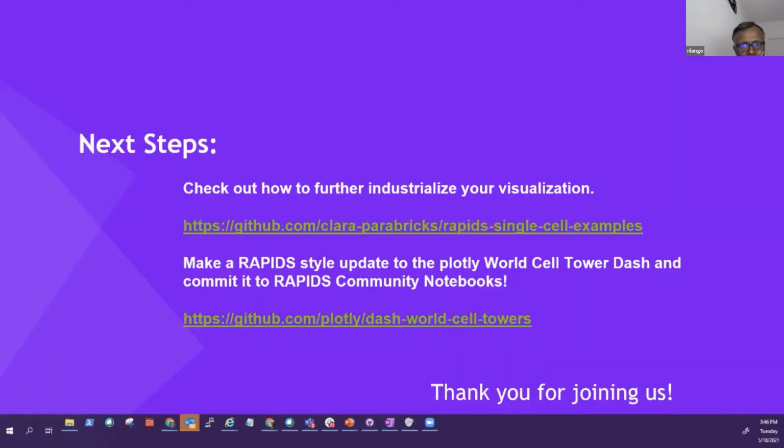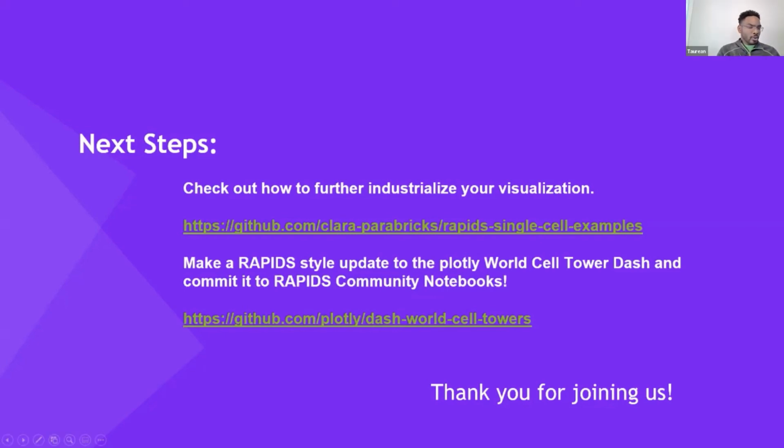The second thing is, Plotly was nice enough to put their single cell Dash tower on GitHub a long time ago, not just for us. It'd be interesting with 41 million rows of cell data. Wouldn't it be great if you could make some contributions to that and post it back to the RAPIDS community?